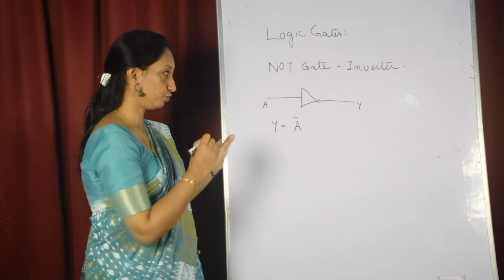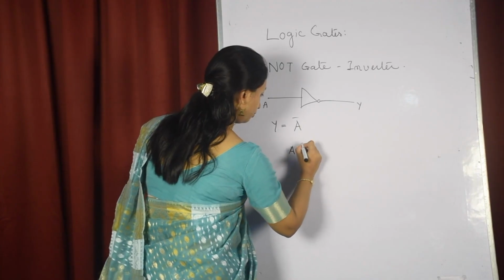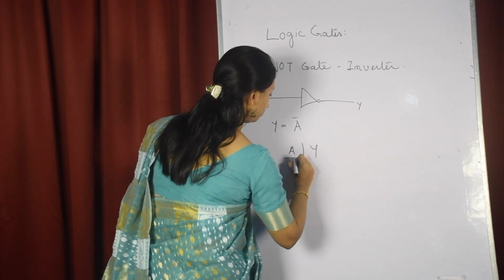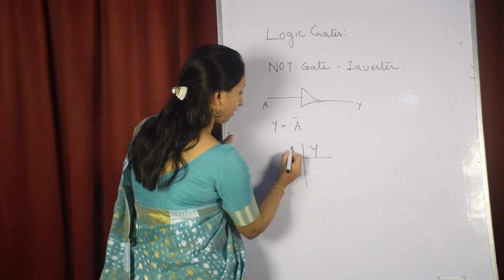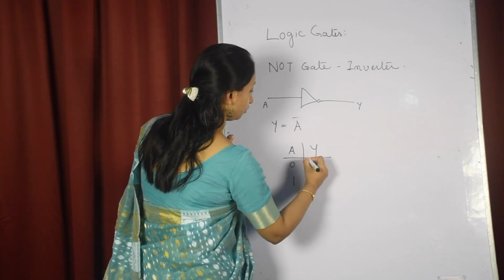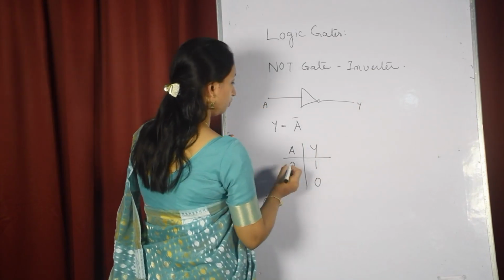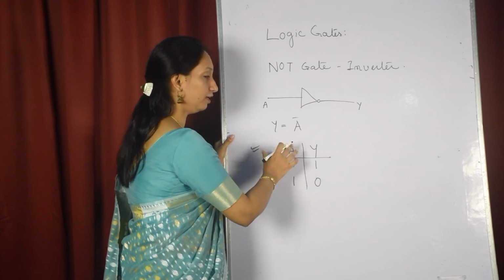That means in the truth table of the NOT gate, A is the input and Y is the output, and the A value can be 0 and 1, and the complement is 1 and 0. So this is the truth table of the NOT gate.